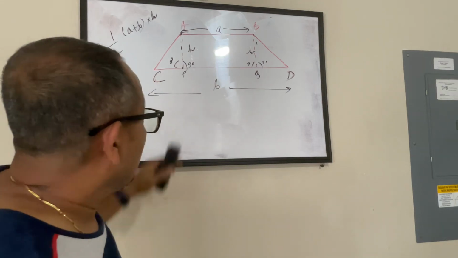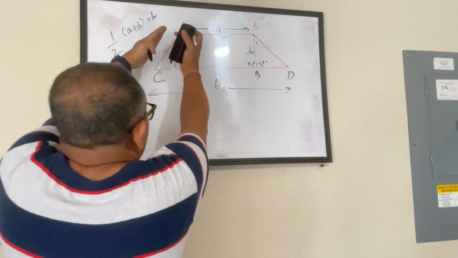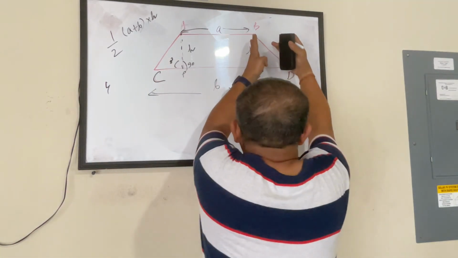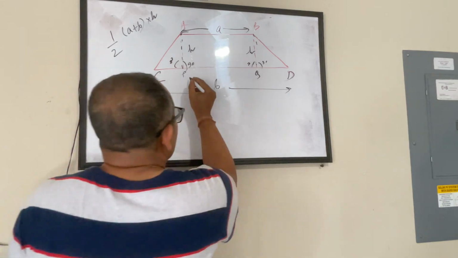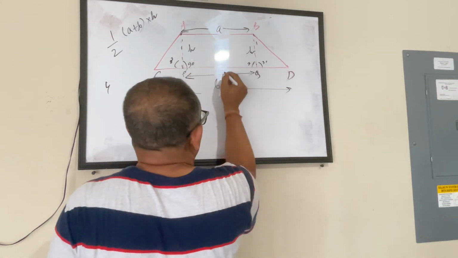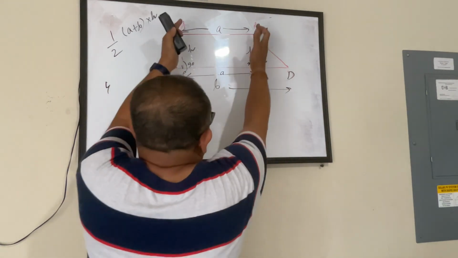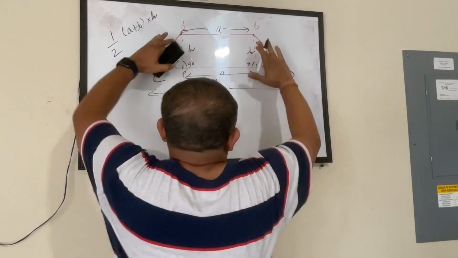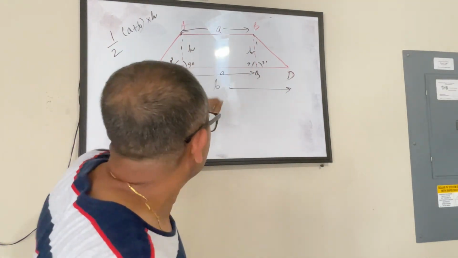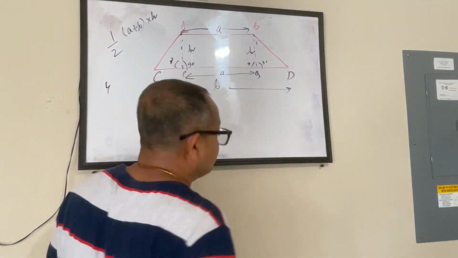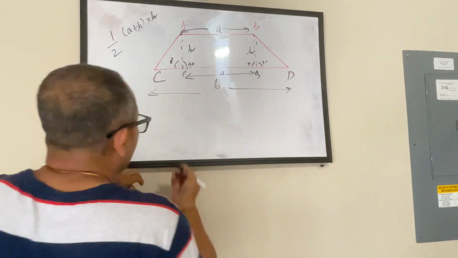Now, this trapezoid is converted into three shapes: one right angle triangle here, a second right angle triangle here, and this rectangle. Here to here it is A, because we have drawn a perpendicular line. Now this became a rectangle. If I find the area of this rectangle and the areas of these two right angle triangles, together they will give me the area of my trapezoid.